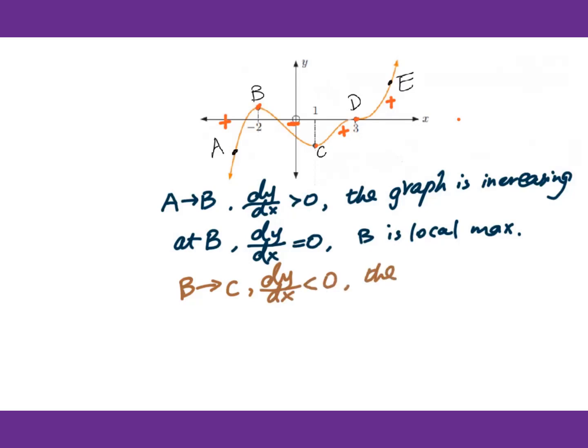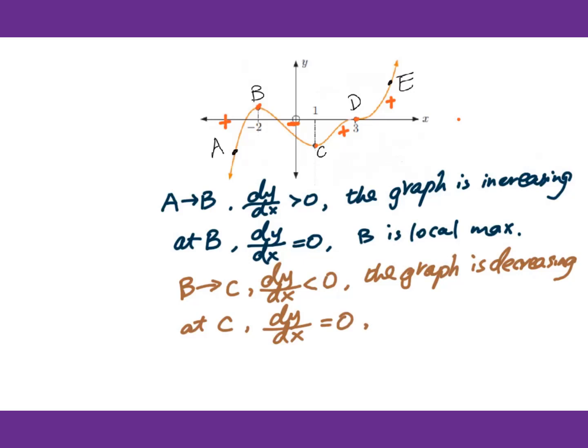The graph is decreasing. At C, dy by dx equals 0. C is a local minimum.